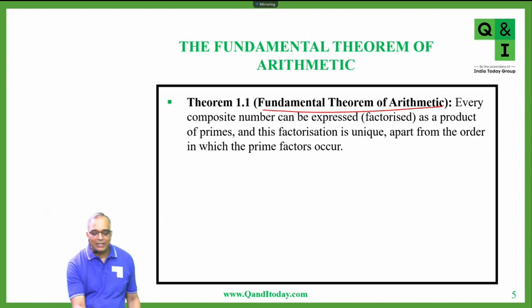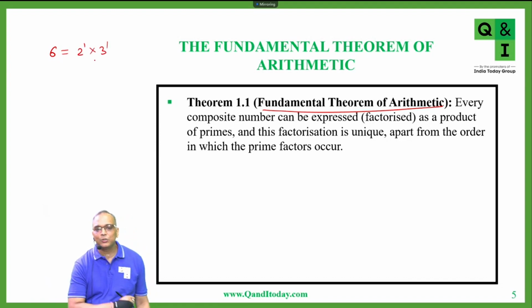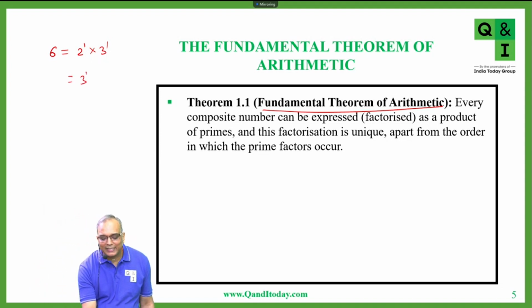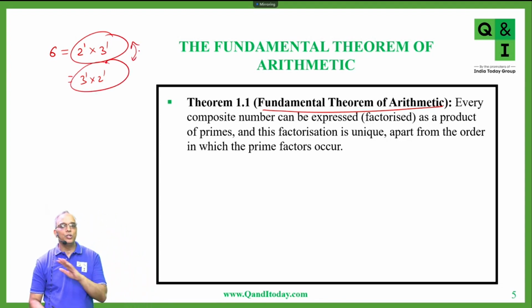For example, if I write 6, a unique prime factorization will be 2 to the power 1 into 3 to the power 1. And this can also be written as 3 to the power 1 into 2 to the power 1.